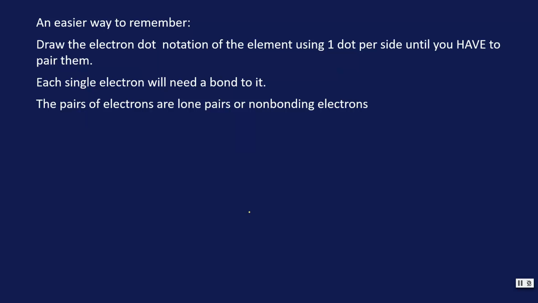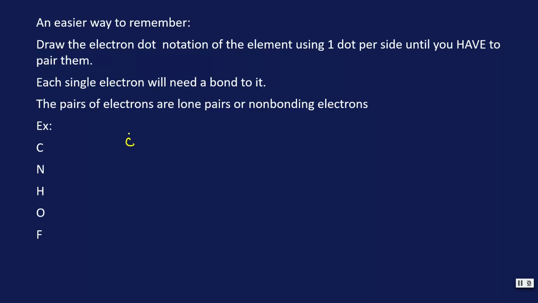So instead, draw the electron dot notation. Using 1 dot per side, just like Hund's rule, until you have to pair them. Each single electron needs a bond, and the pairs of electrons are lone pairs. So let's try this. Here we have carbon.